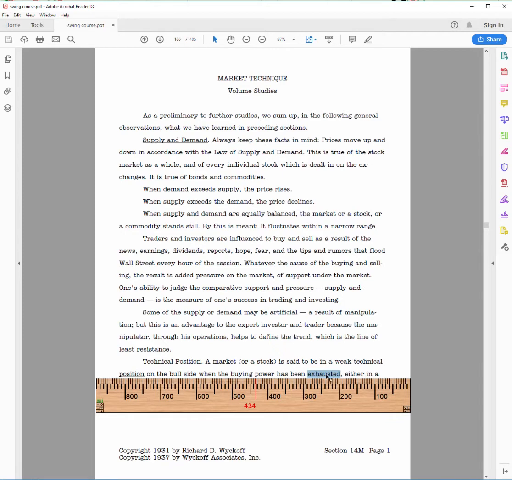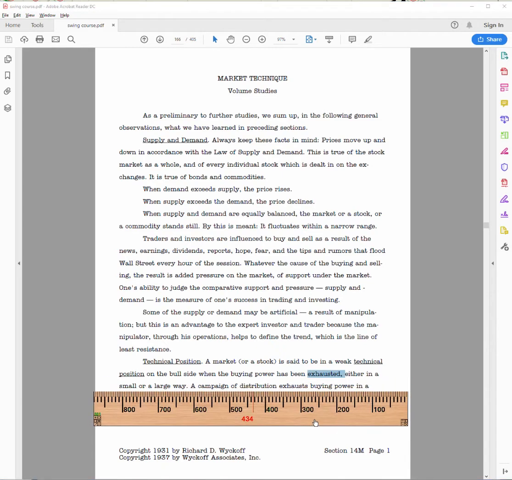So if a market rises on the top of a swing, and it bumps up, it accelerates, it's not in a strong technical position, it's in a weak technical position. Always keep in mind, you want to look for exhaustion, either in a small or a large way. Small way on top of a swing, large way on top of a trend, or bottom of a swing or bottom of a trend.